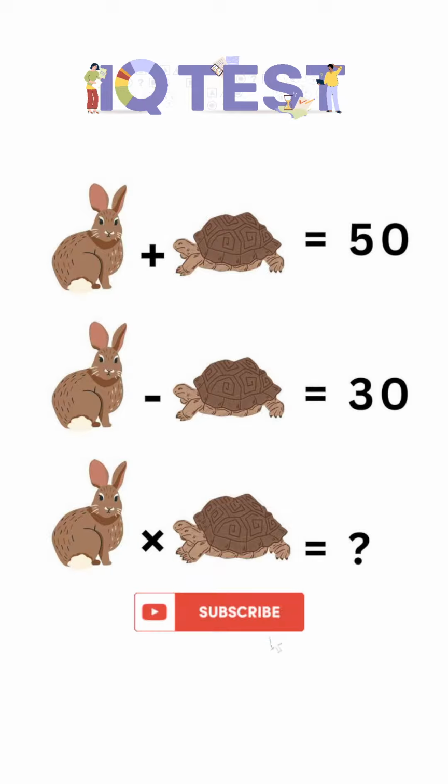No, 45 and 5 will not work because 45 minus 5 is not equal to 30. It's equal to 40. So look at the second equation. The rabbit minus the tortoise. So 45 minus 5 will not give us 30. It will give us 40. Please, do you get me?